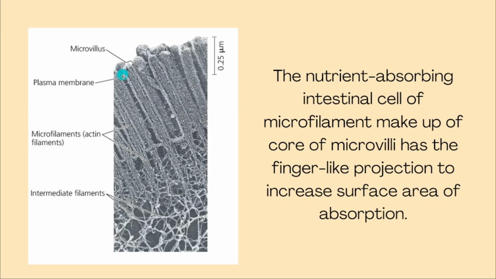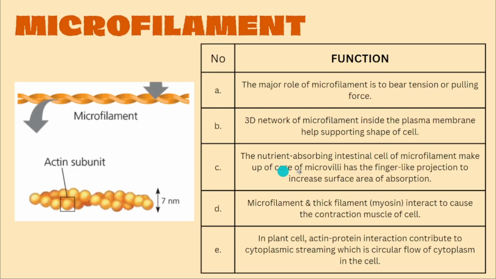The actin filaments form many lines, forming many microvilli, which give the small intestine finger-like projections to increase the surface area of absorption, so that more nutrients can be absorbed. So this is one location where our small intestine contains microfilament.